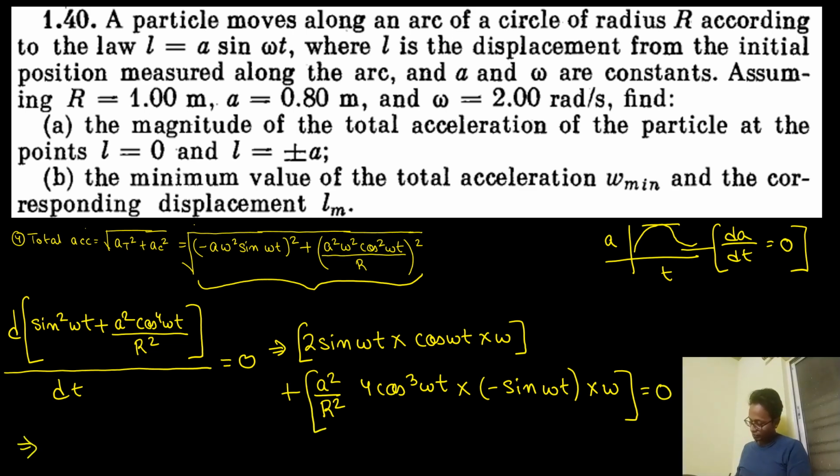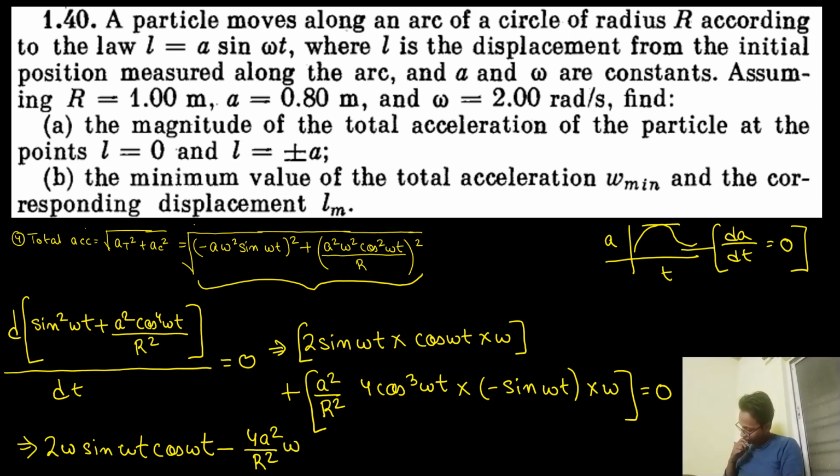So if I simplify this one, 2 omega sine omega t cos omega t minus 4 a square by r square into omega cos cube omega t into sine omega t should be equal to 0.